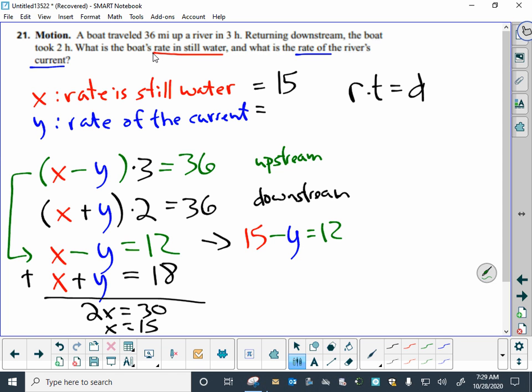Okay, well I can see the thing that I subtract from 15 to get 12 is 3, so the current is 3 miles per hour in the river. And so that's how we do a motion type of problem. That's now examples of 4 different types of problems that set up as systems of equations. So you have a number of examples there to look at.